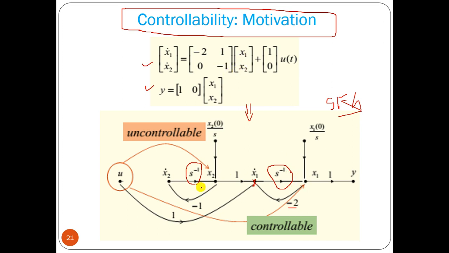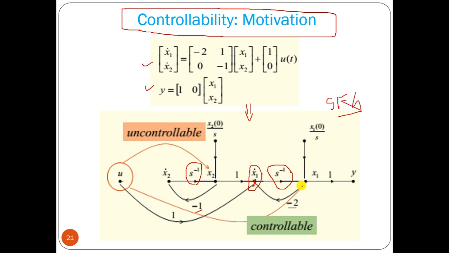The input u is connected at x1 dot. The output y is 1 times x1; x2 is not connected to y.